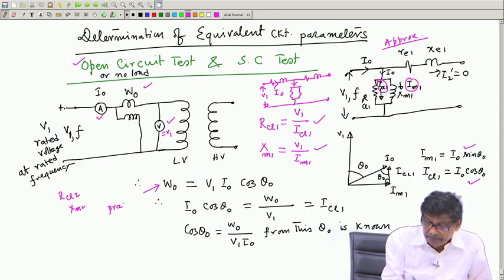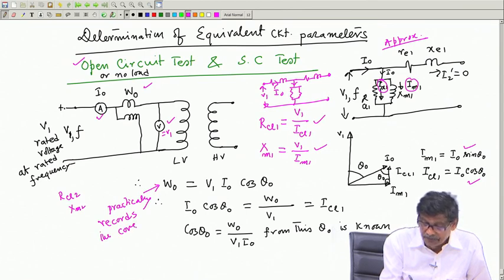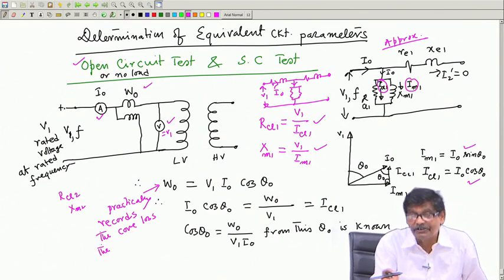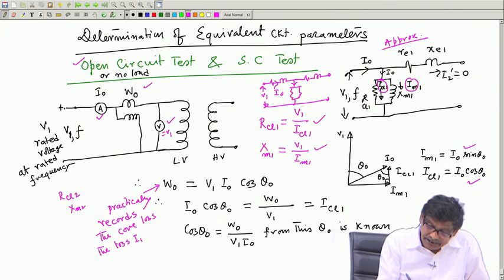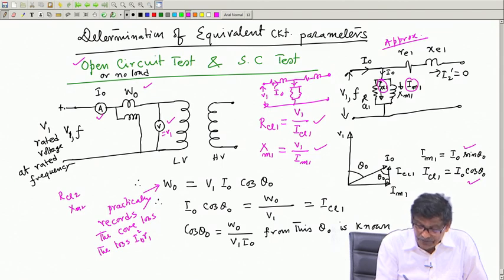Note that W1 practically records the core loss only. The copper loss, which is also called the winding power loss, I1 square, that is I naught square into R1, is much less compared to core loss.